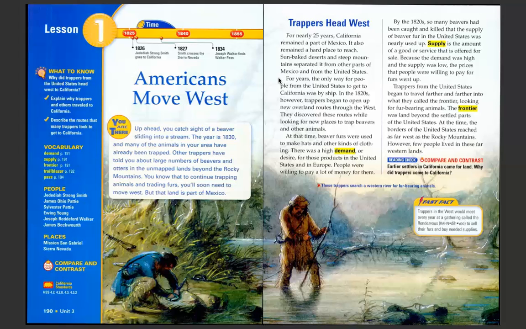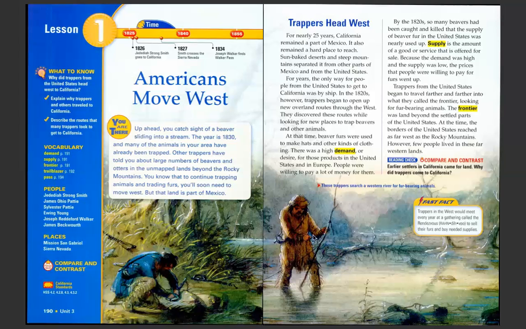In the 1820s, however, trappers began to open up new overland routes through the West. They discovered these routes while looking for new places to trap beavers and other animals. At that time, beaver furs were used to make hats and other kinds of clothing. There was a high demand or desire for those products in the United States and in Europe. People were willing to pay a lot of money for them.